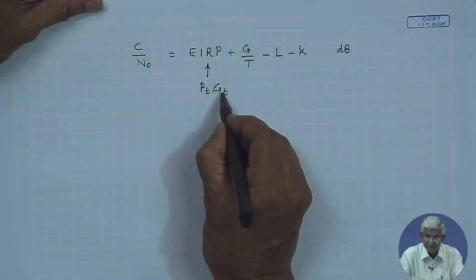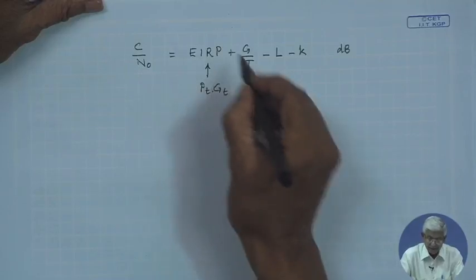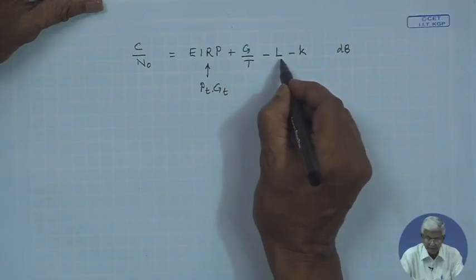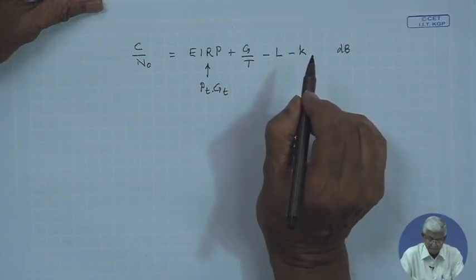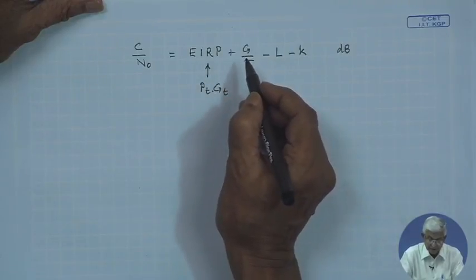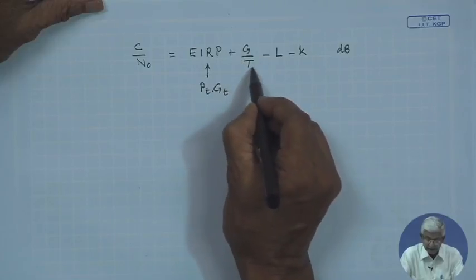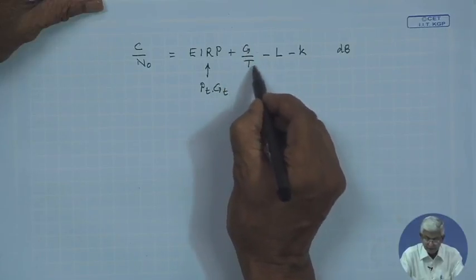This GT is the gain of the transmitting antenna, and in case of uplink this G by T is for the satellite, and then uplink path loss and K. Similarly, for the downlink this EIRP is the EIRP from the satellite, and this G by T is the G by T of the ground station.